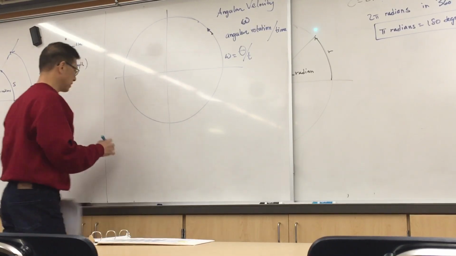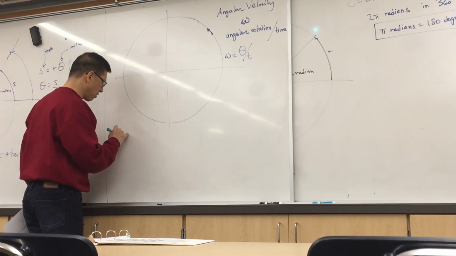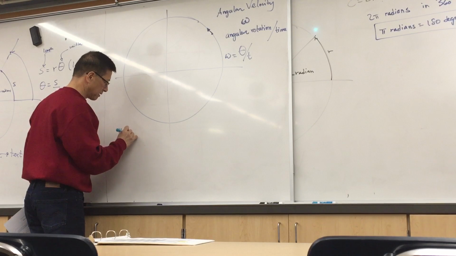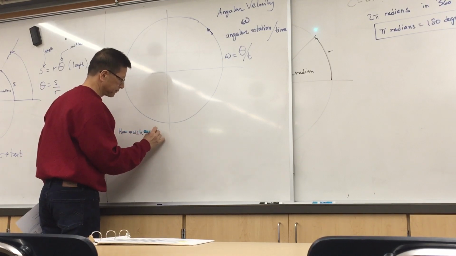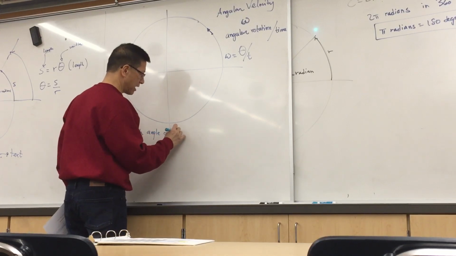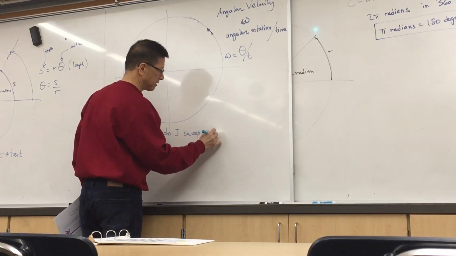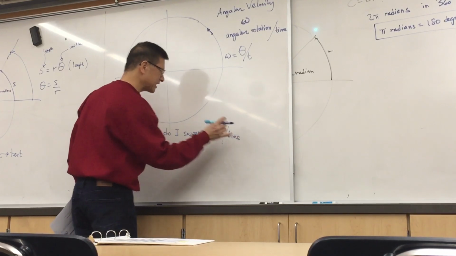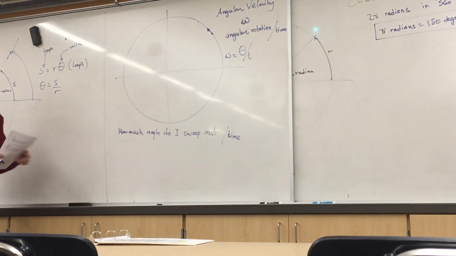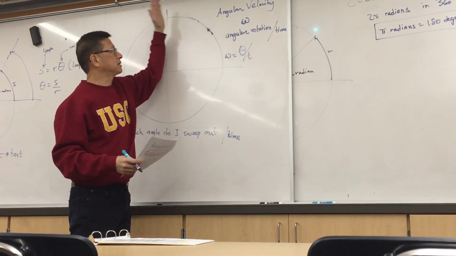Okay, so another way to think of it is how much angle do I sweep out per unit time? Okay, so this is just another way of thinking about it, and it might help you understand what angular velocity is.